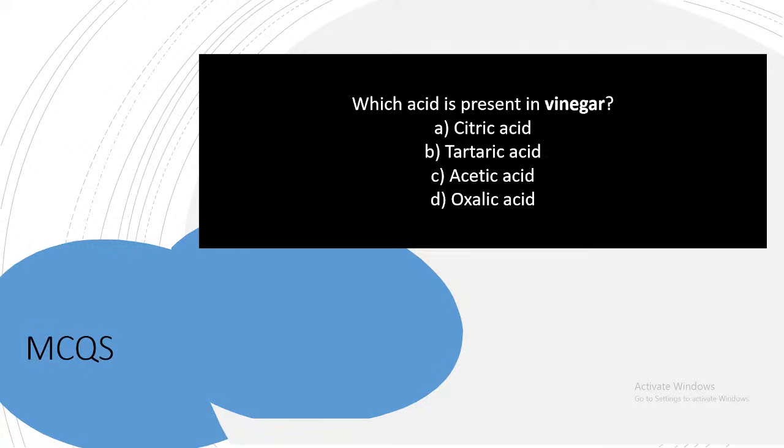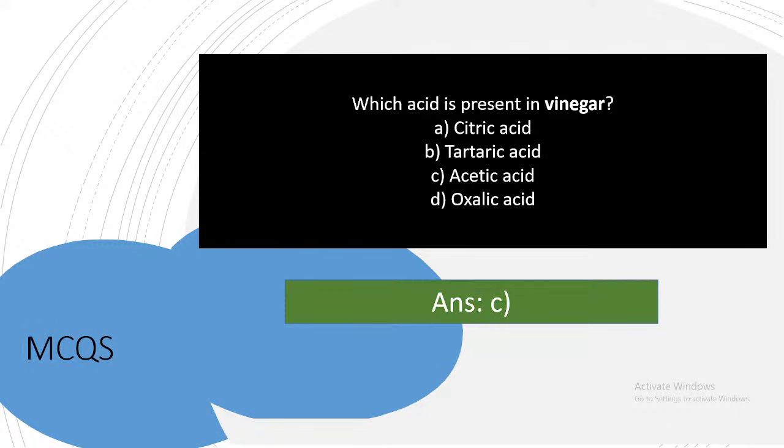We have maximum of C. Yes, vinegar, the correct option is acetic acid. Vinegar contains acetic acid. The formula of acetic acid is CH3COOH. That is the common name, and the IUPAC name is ethanoic acid. Ethanoic acid's common name is acetic acid, and acetic acid is present in vinegar.